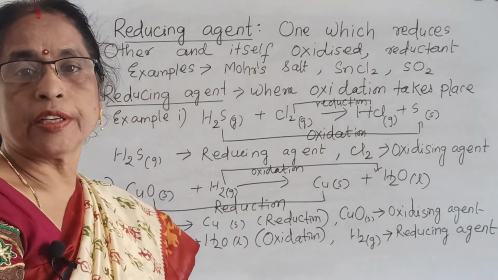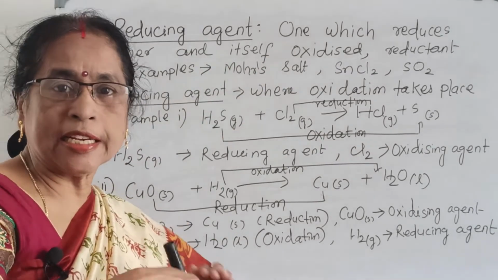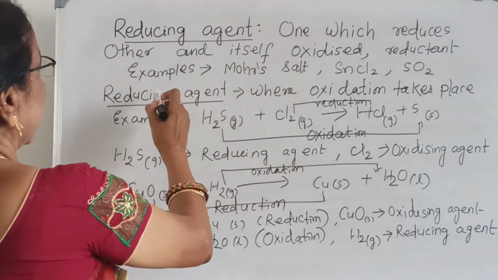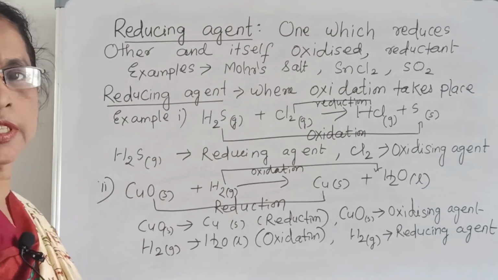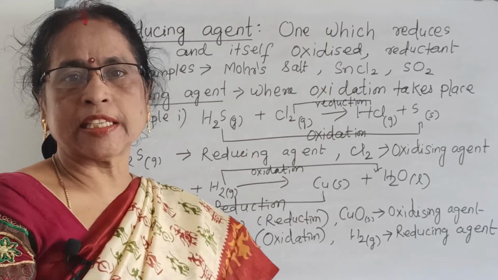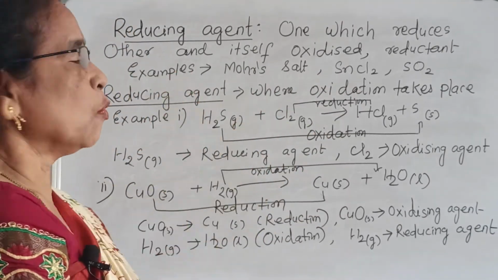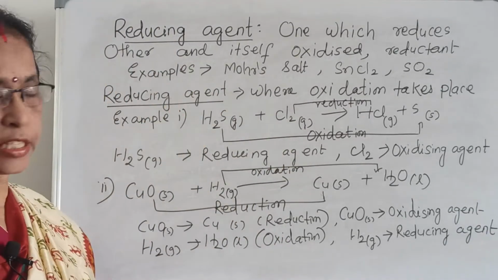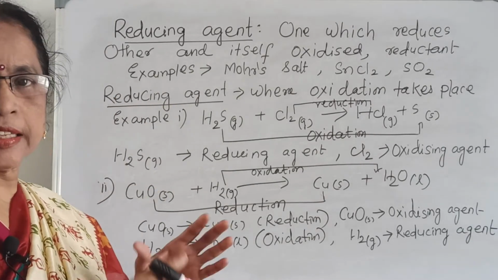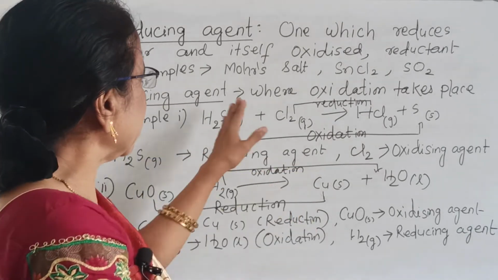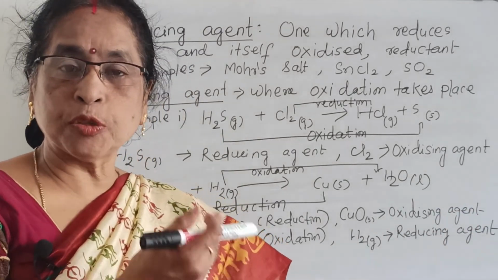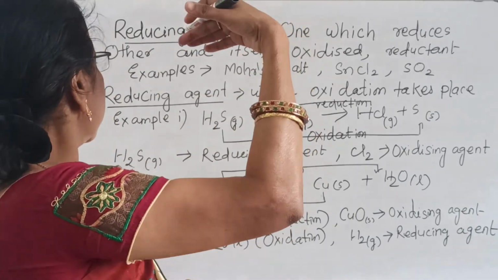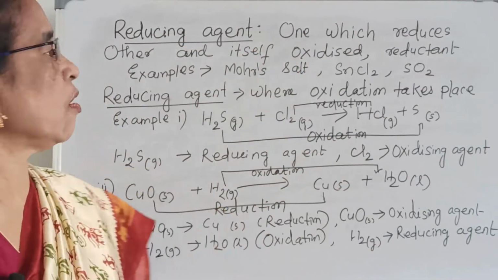It is also called a reductant. For example, take stannous chloride, formula SnCl2, SO2 and more salts generally used in practicals and titrations as reducing agents. Then what is the conclusion? Reducing agent means where oxidation takes place, which reduces others and itself is oxidized.